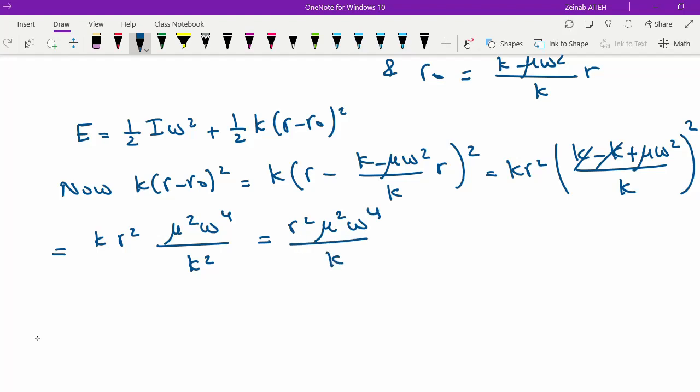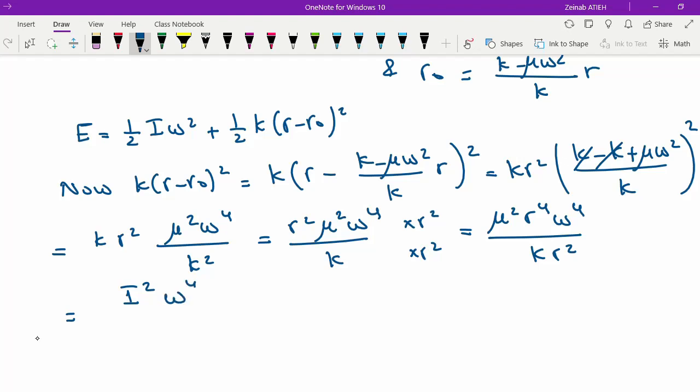To create something like I omega squared, let's multiply up by r squared and down by r squared. We get mu squared r to the 4 omega to the 4 over k r squared. Now mu r squared is I, so I squared omega to the 4 over k r squared, which is I omega squared squared over k r squared.